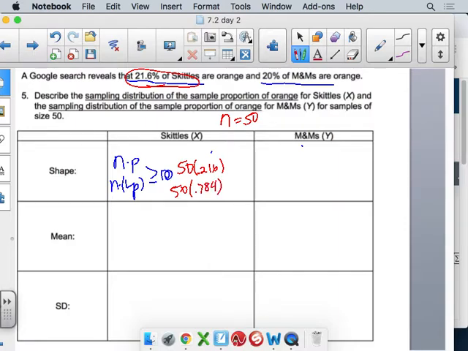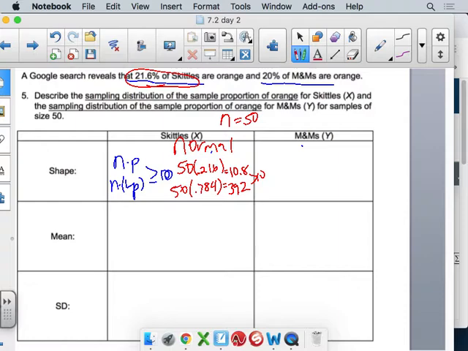You do those, and I think you end up getting like 10.8 and 39.2. So those are greater than 10, so we can say that this is approximately normal.